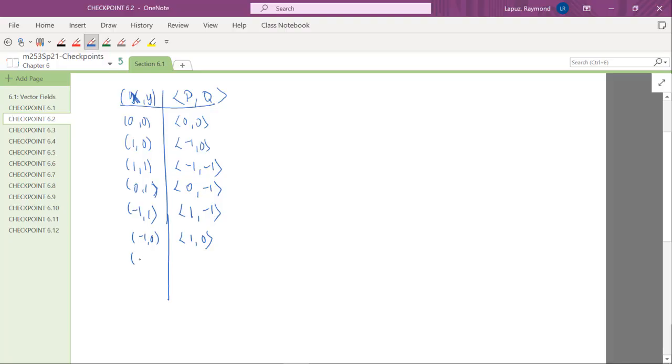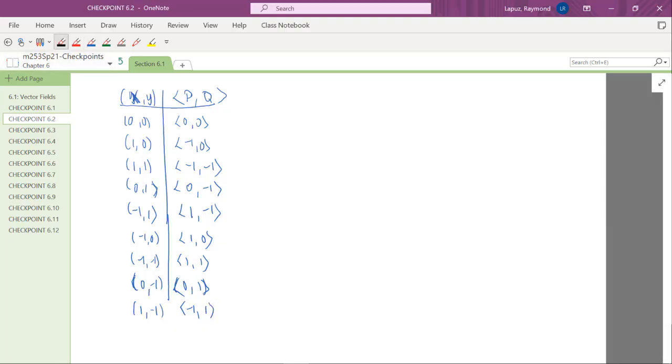Let's try putting a negative 1, negative 1. This is going to give us a positive 1, positive 1. Let's try putting in a 0, comma, negative 1. This will give us a 0, comma, positive 1 vector. And let's try one more, positive 1, negative 1. This will give us a negative 1, positive 1.